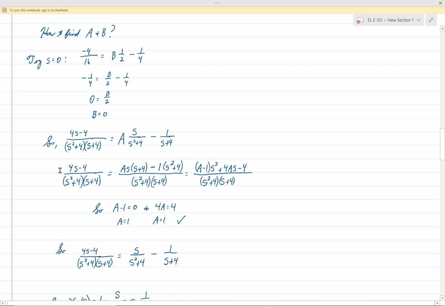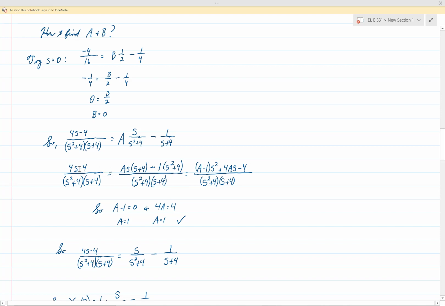On the left, we have no s squared terms. Over here, we have s squared with a coefficient of a minus 1, so that tells us that a minus 1 must be 0, since there's no s squared term over here. And similarly, for s, we have a coefficient of 4a here, and a coefficient of 4 here, so 4a is equal to 4.